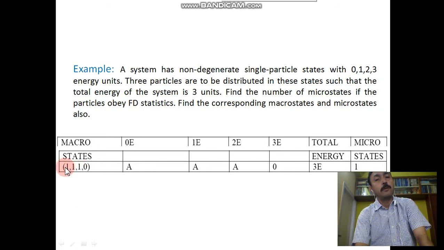That means for the first energy state it is 1 particle, second 1, third 1, fourth 0. If you alter this, it has no meaning, so all the particles are indistinguishable. So the microstate is 1 and the macrostate is 1.